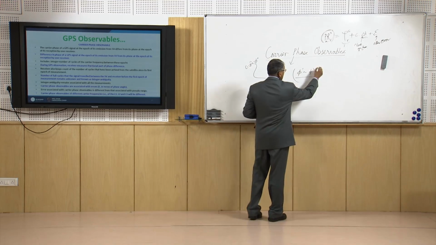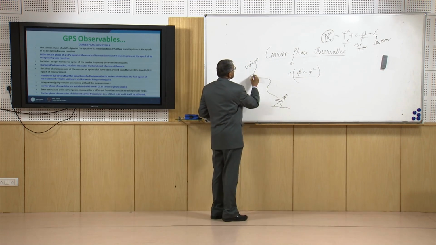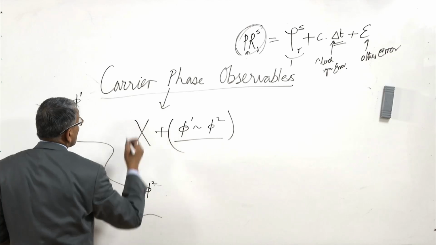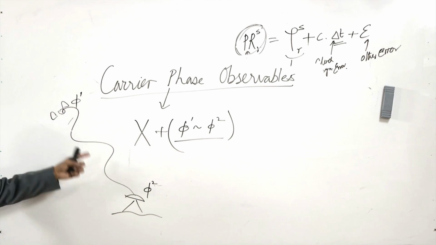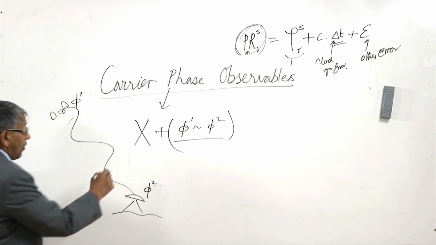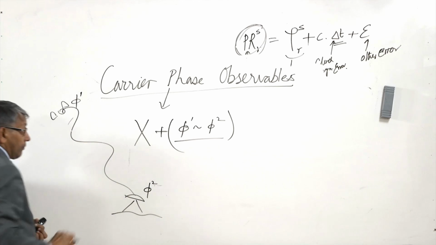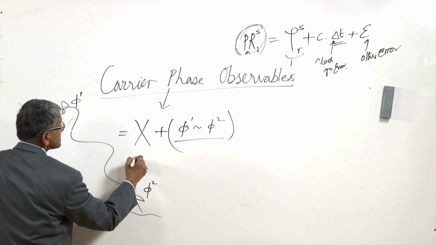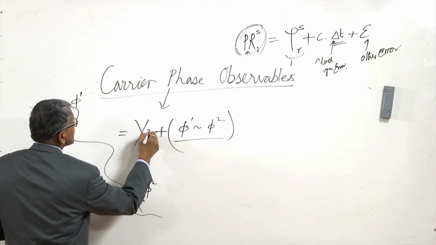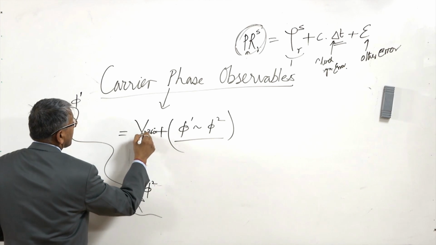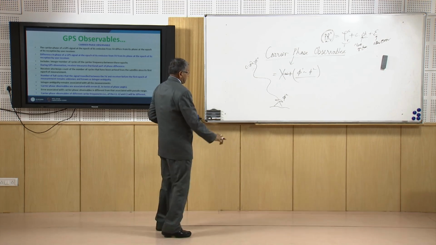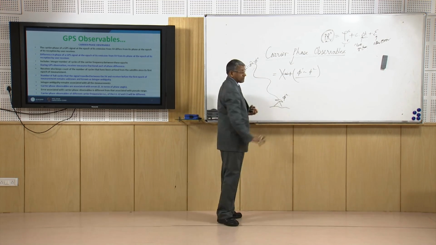But the point is that in between there will be some x number of, suppose, full cycles, meaning x into 360 degrees. So that will be the actual phase between the satellite and the receiver. But the problem is that the full number of cycles is difficult to count.